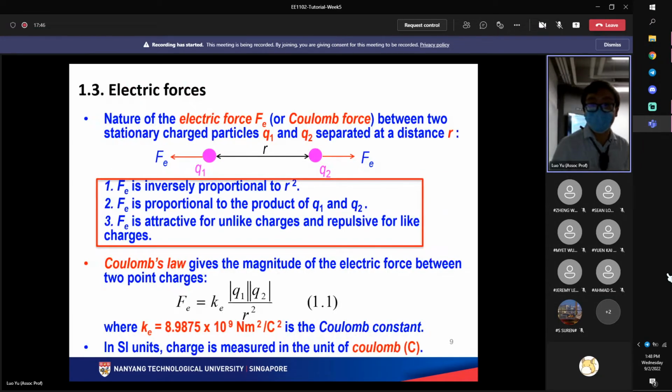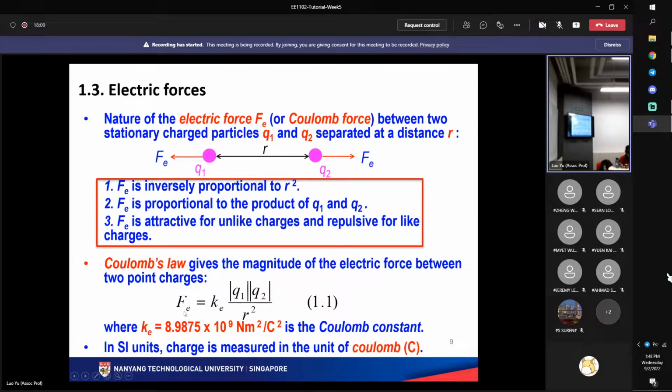So now the third subtopic is about electrical force. For electrical force, in this part, we only have one formula, Coulomb's formula, and 3 points to understand. First, the magnitude of the electric force is given by this formula, what we call Coulomb's law.